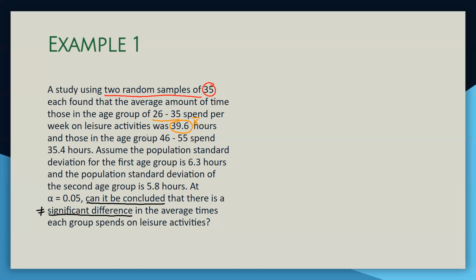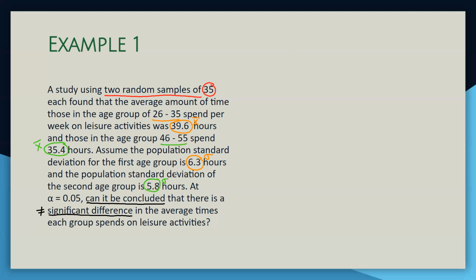And then we have the 46 to 55 group with a sample mean of 35.4. They then go back and give us population standard deviation. So population standard deviation for the first age group is 6.3. So that's a sigma. And then for the second group, it says population standard deviation is 5.8.